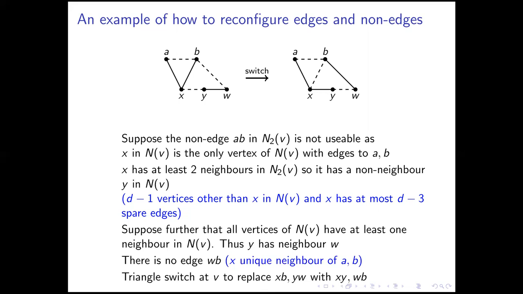So somebody, shown as the vertex y there, is a non-neighbour of x in N(v).